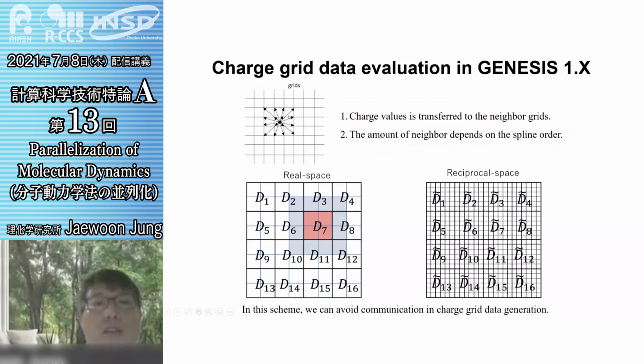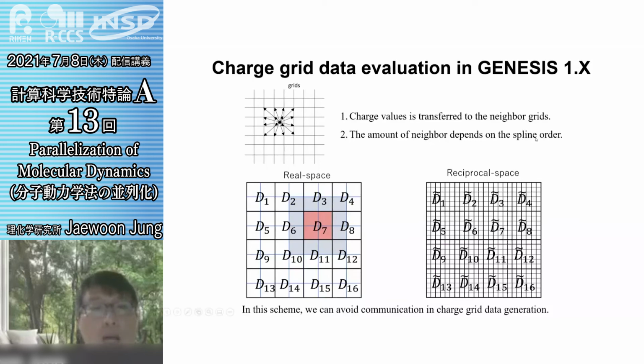And the real space charge data is converted to the grid data on these grid points with different ratios. And the amount of neighbors, so how much they affect the grid, depends on the spline order.